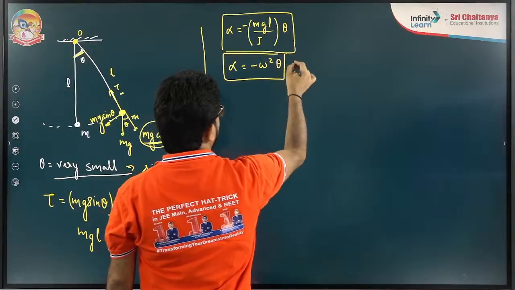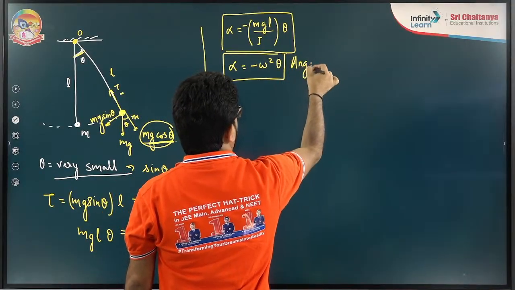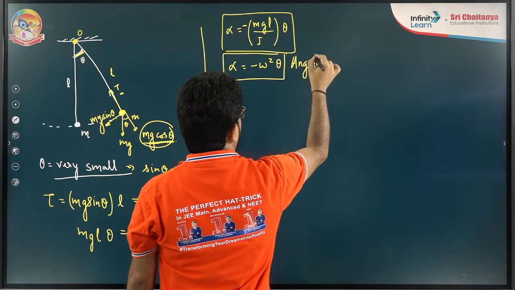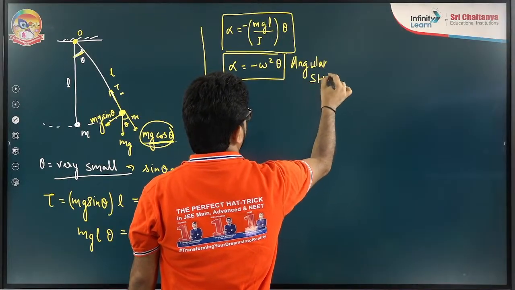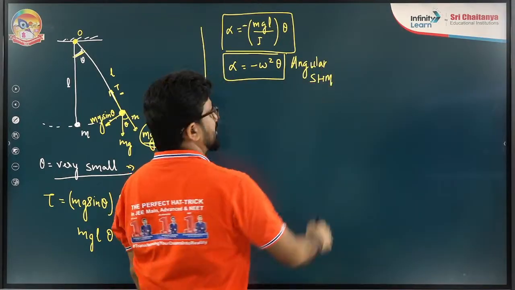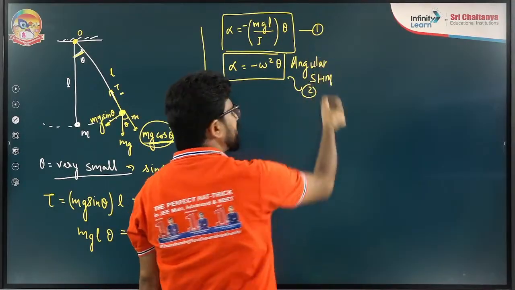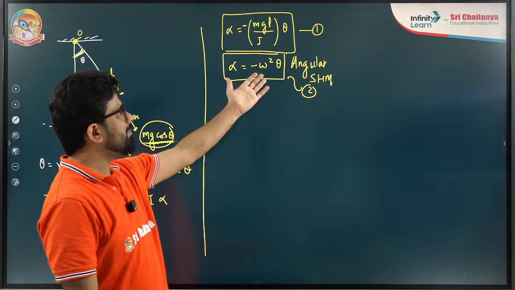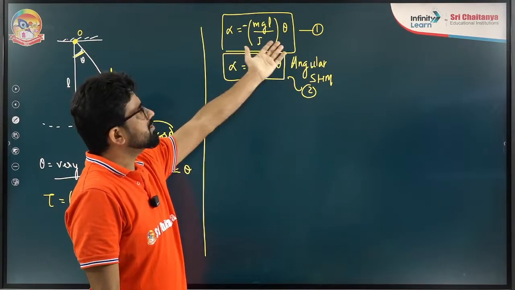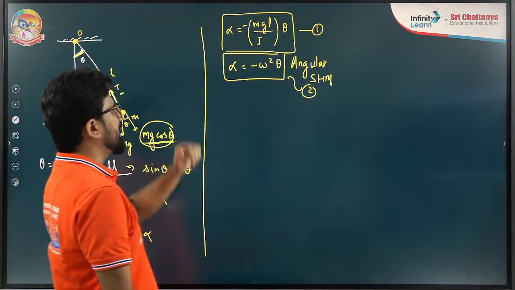It is the SHM equation. It is the angular SHM equation. This is equation 1. This is equation 2. Both equations we are seeing. This is from SHM, and this equation we are writing from here. So we are getting the answer.